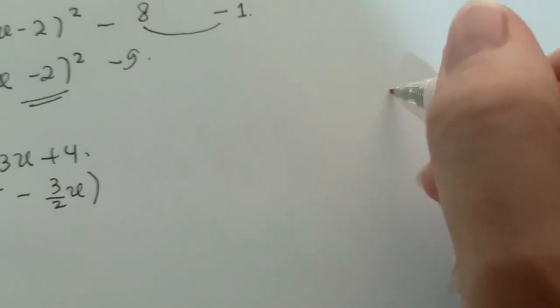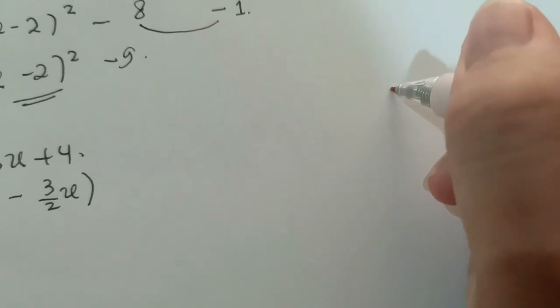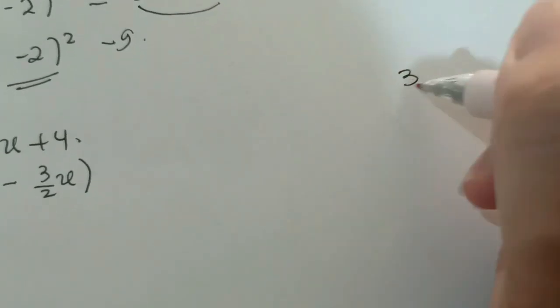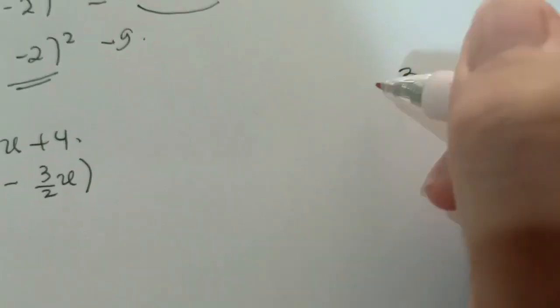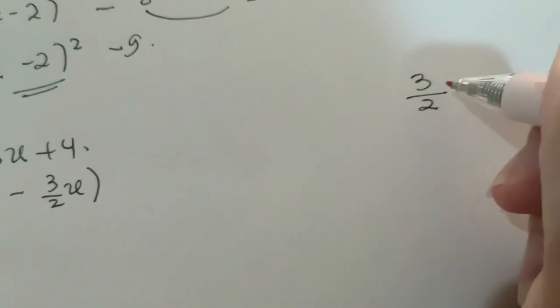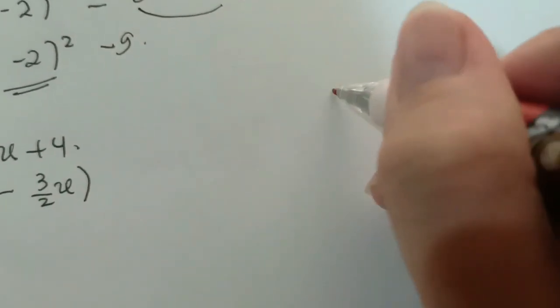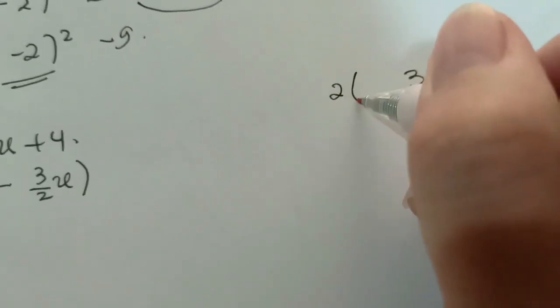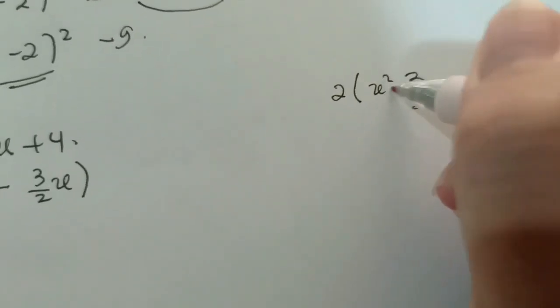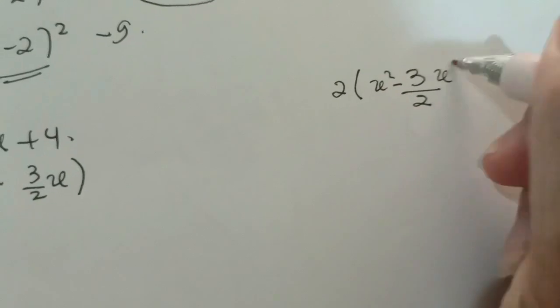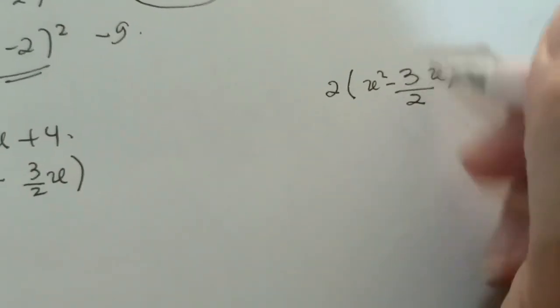If you get confused over here, 3 divide 2, because you are taking out 2 over here. x quadrat minus 3x. Why become 3 per 2?